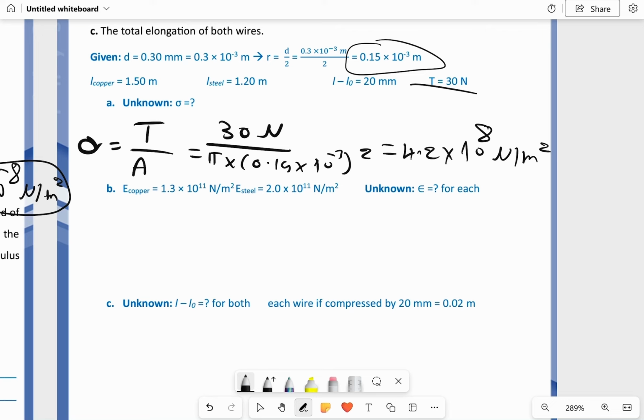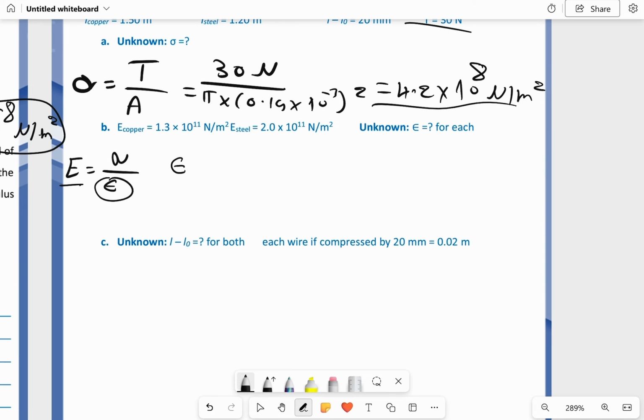So guys, as you know, Young's modulus is equal to stress divided by strain. Do I have stress? Yes, I found it here. Do I have Young's modulus? Yes, I have Young's modulus too. It says calculate strain. So strain will be stress divided by Young's modulus.